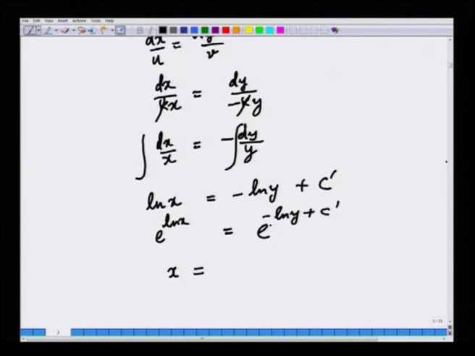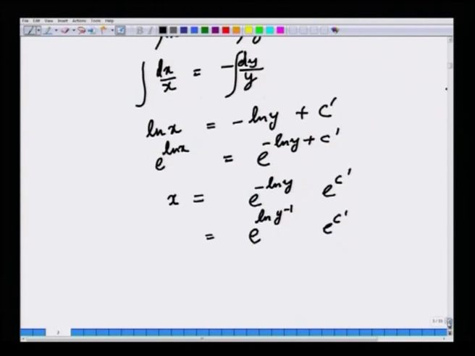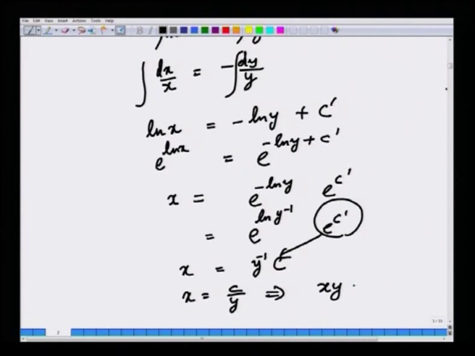E to the minus log y can be written as e to the log y to the minus 1, which is simply y to the minus 1, and e to the c prime is another constant which I call c. So, x is c by y, or xy is a constant.